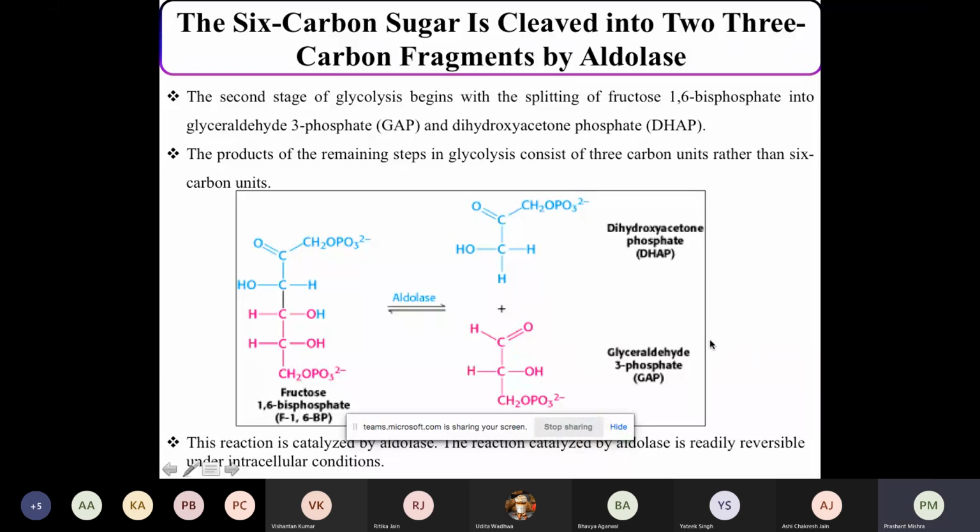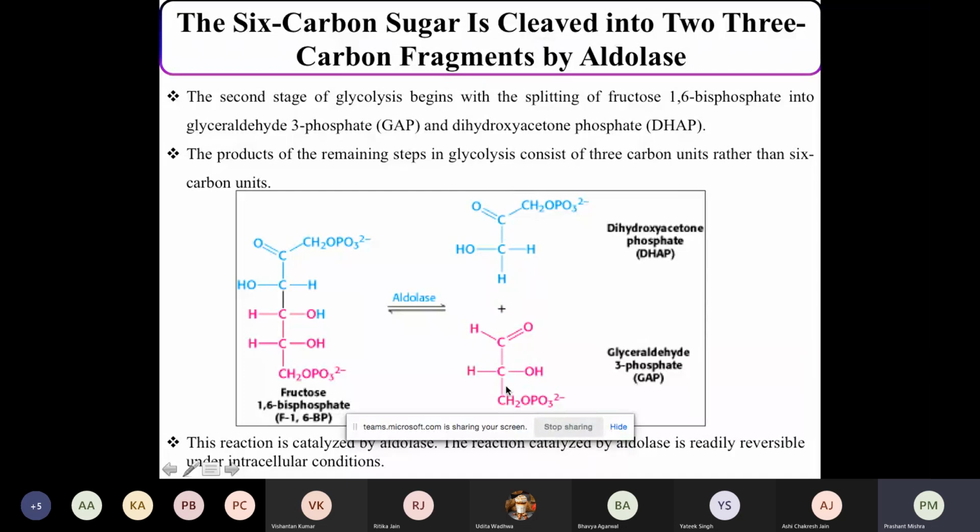But the important point is that glyceraldehyde 3-phosphate is removed from this equilibrium reaction. Can you recall Le Chatelier's principle? If I remove the product, the reaction will move in the forward direction, and that is what is happening.